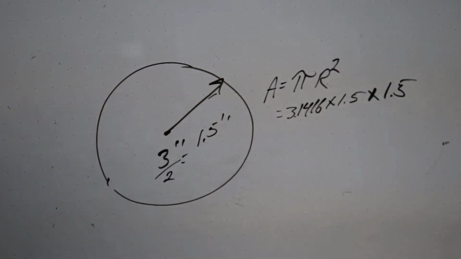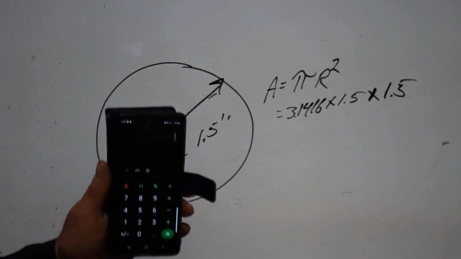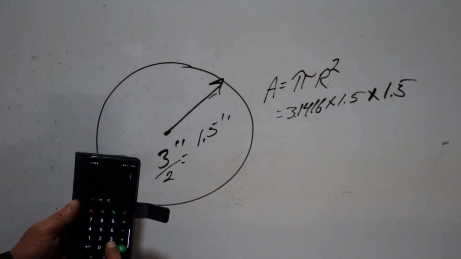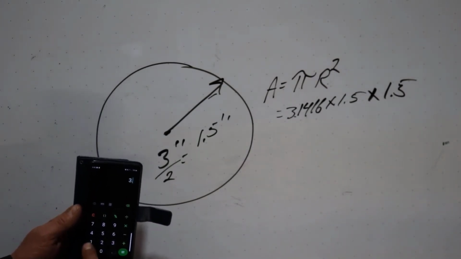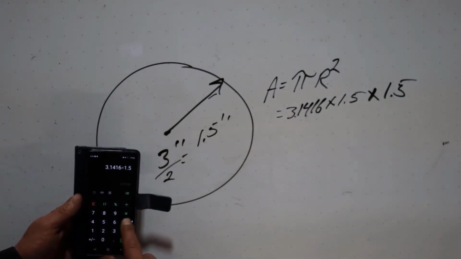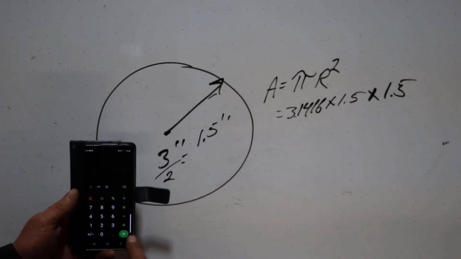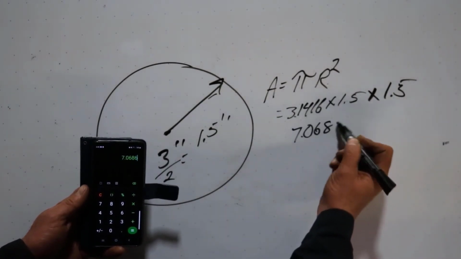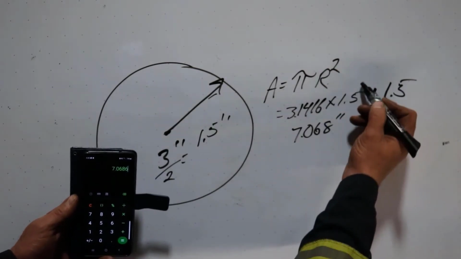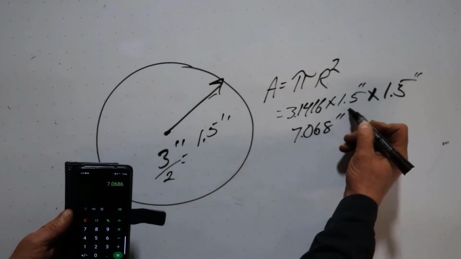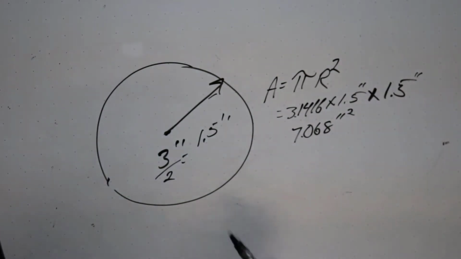Okay, let's figure that out. 3.1416 times 1.5 times 1.5 equals 7.068 inches. Now this is 1.5 inches times 1.5 inches, so inches times inches is inches squared. That is the area of my circle.